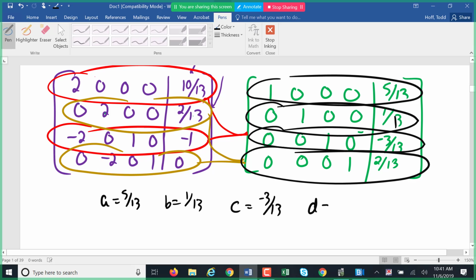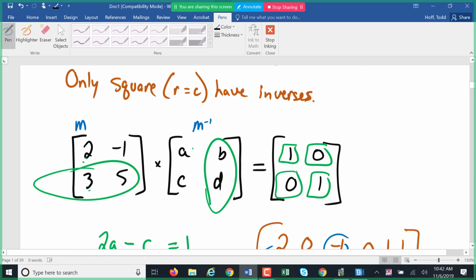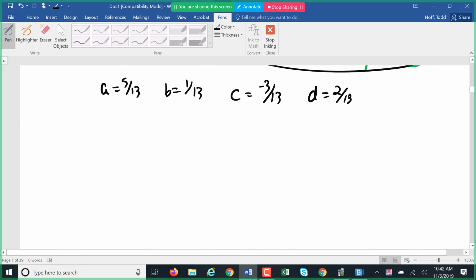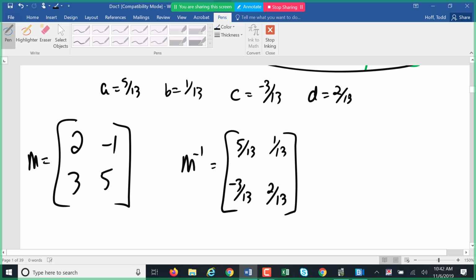And the fourth row is telling me D is 2/13, which is saying that the inverse of this matrix, 2, -1, 3, 5, if that is M, the inverse of M is 5/13, 1/13, -3/13, and 2/13. If I do multiply those together, we do find that we get that diagonal matrix, 1, 0, 0, 1.